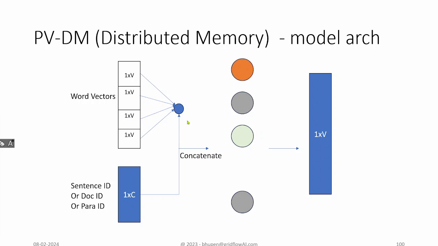What we're going to do is concatenate these two vectors: the vector for the word and then the vector for the document or paragraph. That is what is fed to the neural net or the hidden layer. And finally, as usual, as we have done in word2vec, we will apply a softmax function and predict the target word.